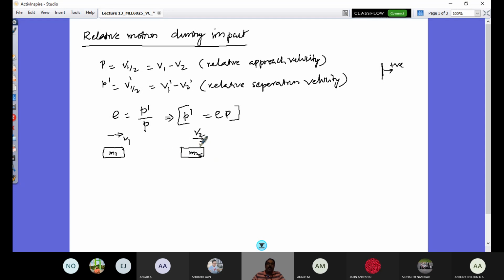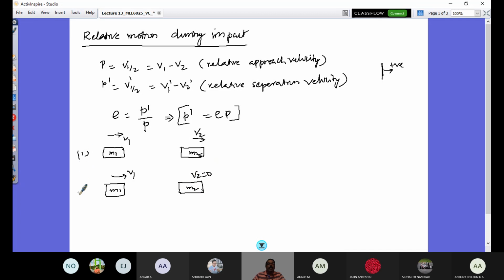Or it can be that this vehicle is at rest. So the second case is vehicle M1 with velocity V1, whereas M2 is at rest, V2 is 0. So this is case 2.